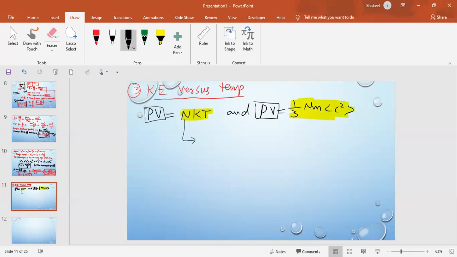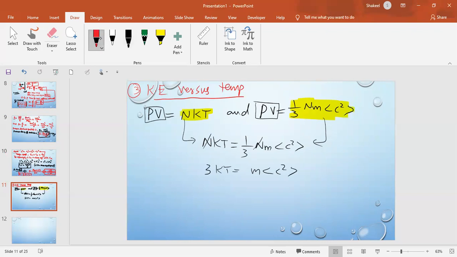So comparing these two, we can say that nKT is 1 by 3 nmc square. Then shifting 3 to the other side, n would be cancelled away because n is the total number of particles. So it will be 3kT equals mc square.